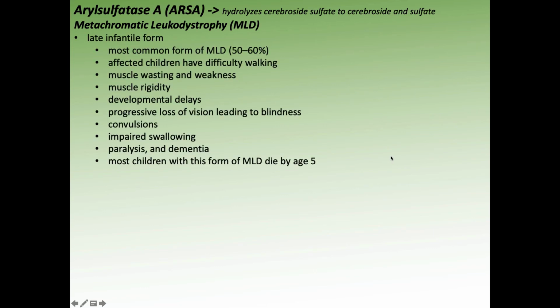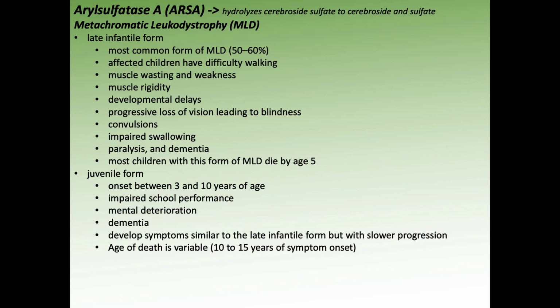MLD comes in a few different forms. There's a late infantile form, which is the most severe type of this disorder and the most common. It affects walking in children, and leads to things like muscle wasting, weakness, muscle rigidity, progressive loss of vision, convulsions, impaired swallowing, paralysis, dementia, and typically children suffering from this form die by the age of 5.